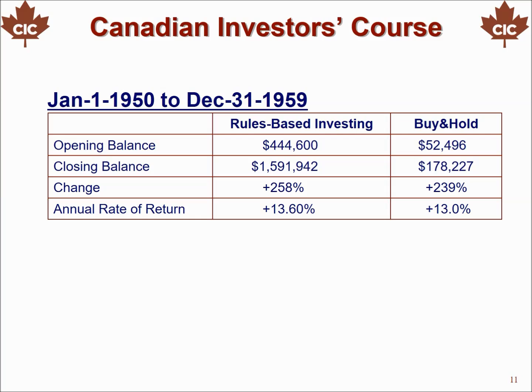On the buy and hold side, it did very well during this period, $52,000 to $178,000, a 239% total return. Annual rate of return on the rules-based side, 13.6%, buy and hold side 13%, not much of a difference. So like I said earlier, in a rising market, the rules-based investing thing doesn't outperform, but in volatile markets, it very definitely does.